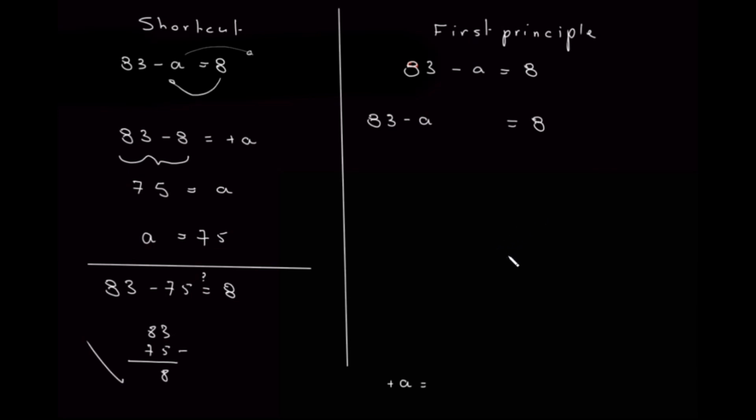Now to move them to the other side we need to change that a to 0, because 83 remove nothing doesn't change 83. So what I have to do is do the reverse of the action here. The action here says remove, so we put it back.